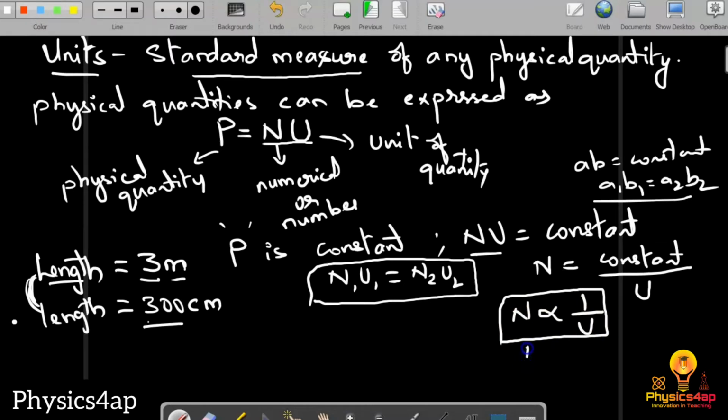So దీని అర్థం ఏంటంటే if n value increases, u value decreases. At the same time, if n value decreases, u value increases. And inverse. If one increases, another decreases. So that is what we call n inversely proportional to u. That is, the numerical is inversely proportional to the unit.